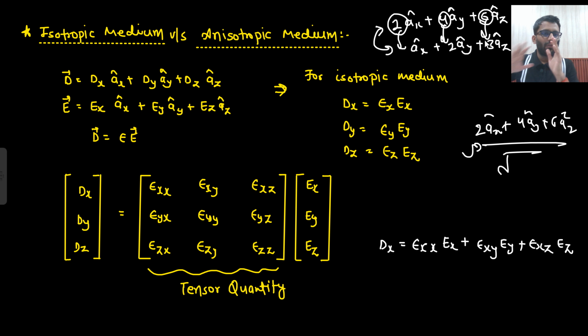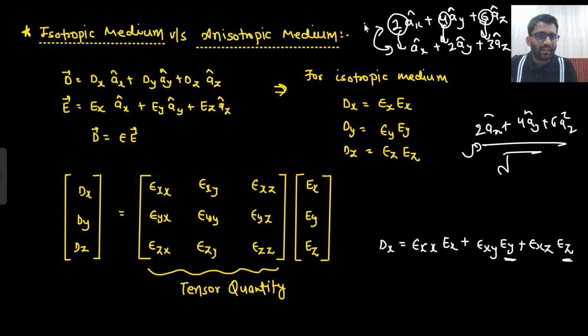If you want the same direction, then dx should equal epsilon x ex. Now if your dx is a function of ey, then certainly there cannot be the same direction. Are you getting this point? dx cannot be a function of ey, dx cannot be a function of ez, dx has to be a function of ex.